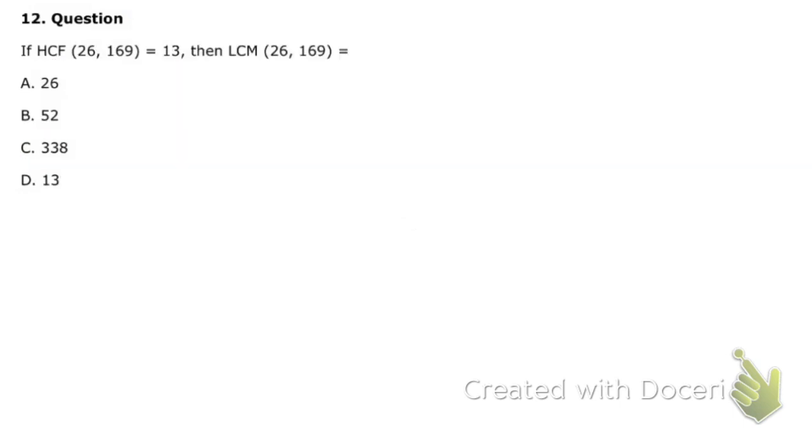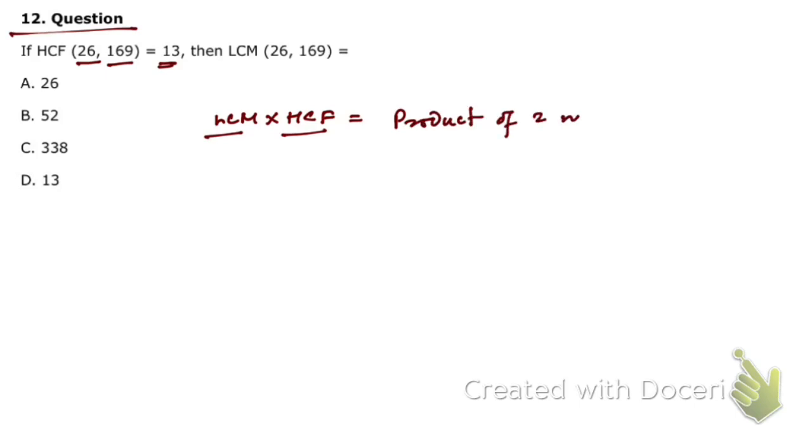Here is question number 12. The HCF of these two numbers is 13. We need to find the LCM. That's very simple. Again we're going to apply that the product of LCM and HCF is equal to the product of the two numbers, right? So we need to find the LCM.